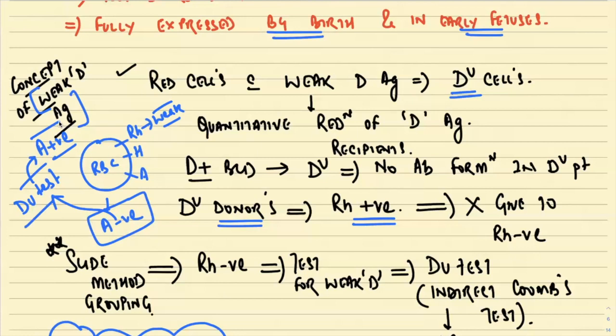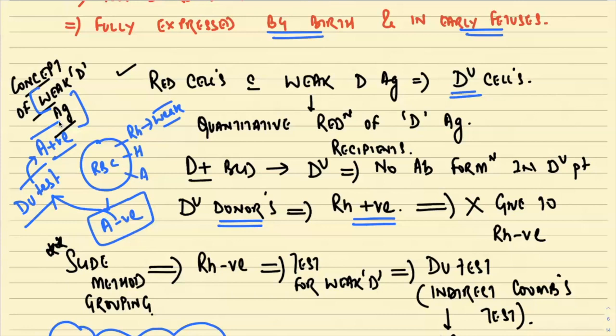So any individual who has Du cells or weak D antigen, if considered as a donor, should always be considered a positive donor. That is, they should always be considered A positive or B positive or AB positive, whatever the group.